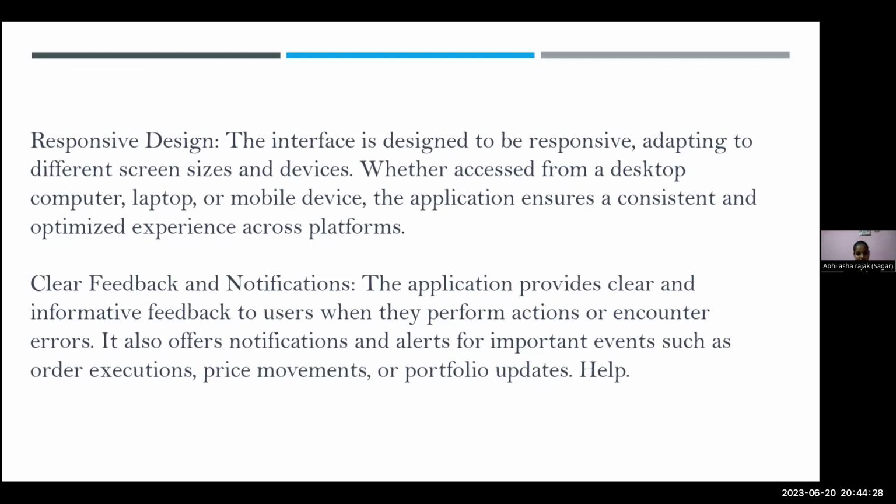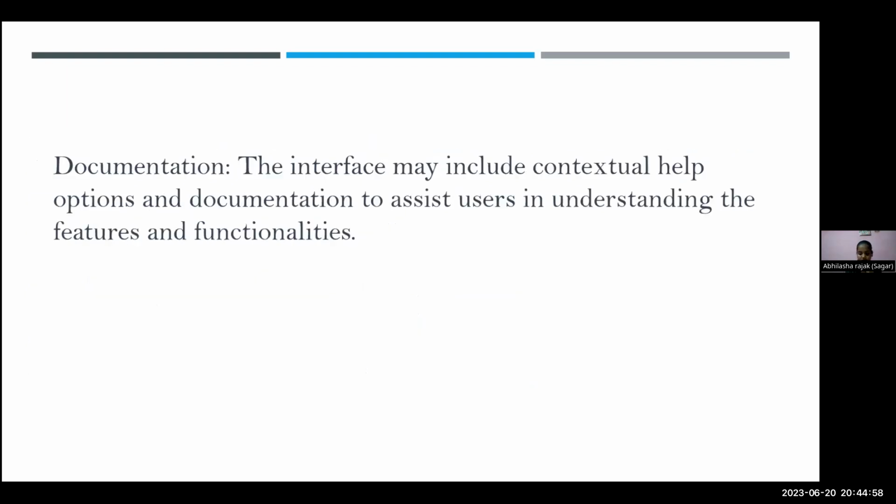It also offers notifications and alerts for important events such as order executions, price movement, or portfolio updates. Users need to know what is going on and get proper interaction feedback. Second, documentation. The interface may include contextual help options and documents to assist users in understanding the features and functionalities.